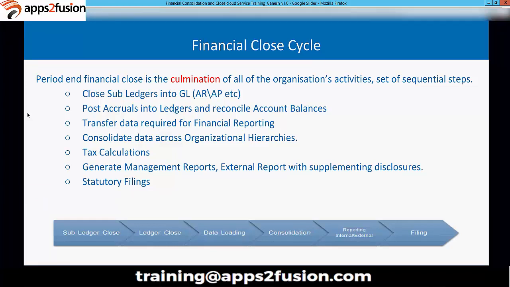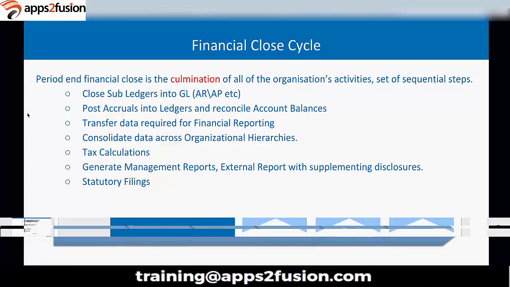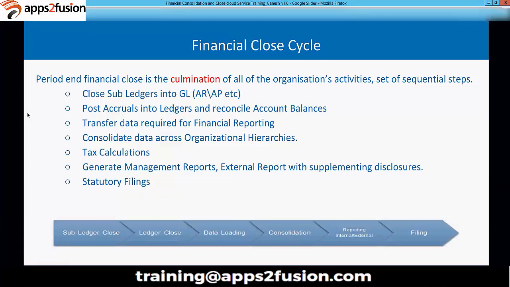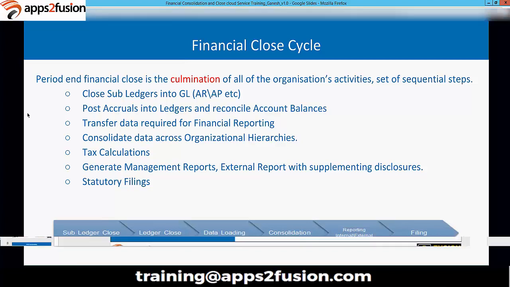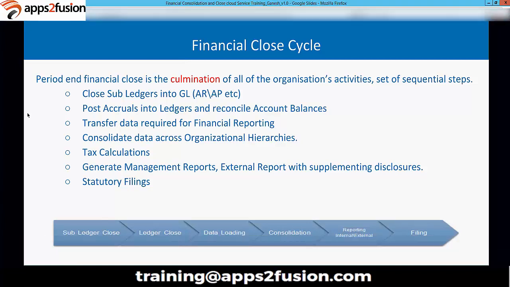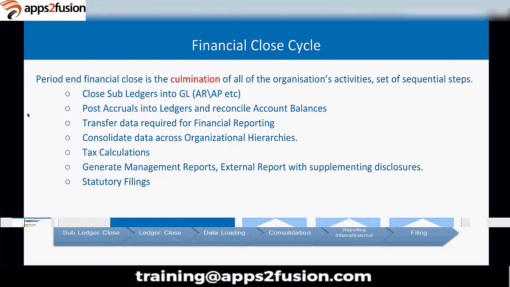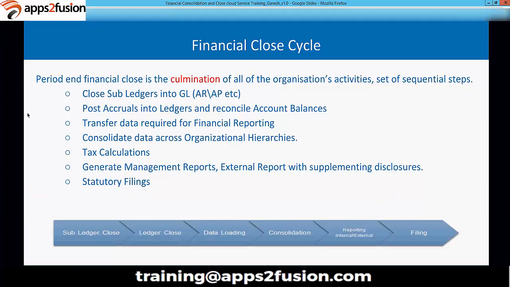You consolidate data across organizational structures. This subledger and ledger data may be owned by multiple subsidiaries, by multiple entities within your organization. During the process of consolidation, all this data from your multiple subsidiaries, entities, profit centers, and cost centers is brought into the EPM application and then consolidated to provide just one income statement or balance sheet or cash flow statement or whatever reporting needs that you have.